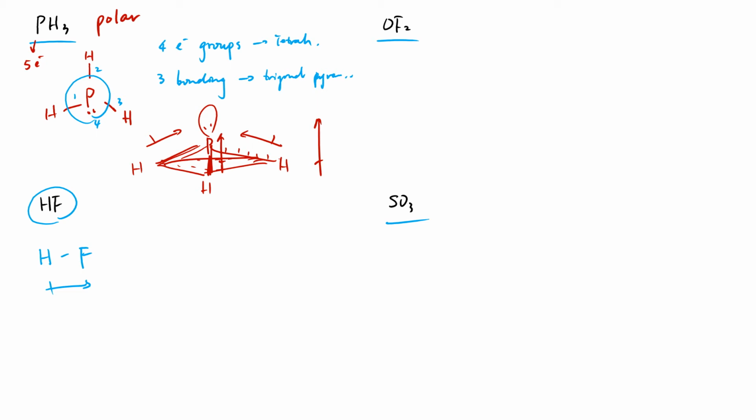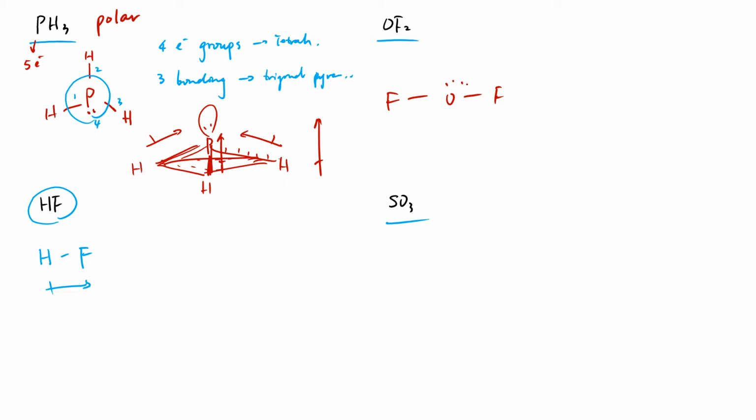For the second one, oxygen in the middle, 2 fluorines, and oxygen right now has 2 lone pairs.